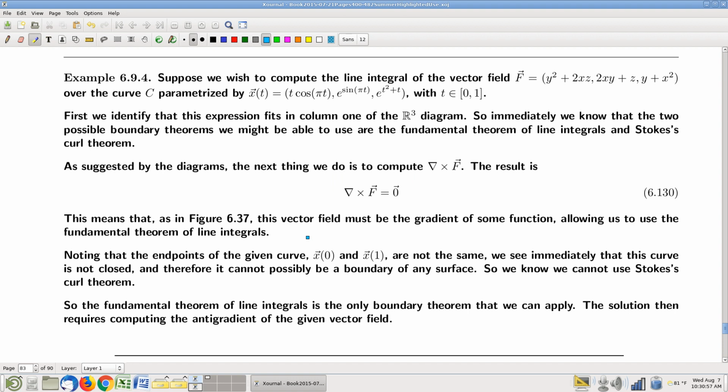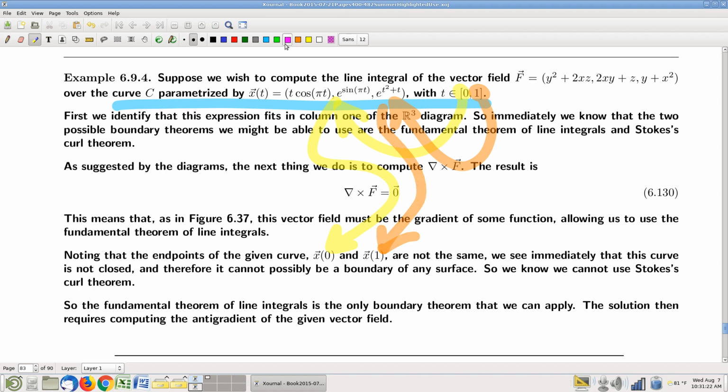What about the curve? Maybe the curve is a boundary of some surface. Well, you can plug in t equals 0 into there to get the starting point, x of 0. You can plug in t equals 1 to get the ending point, x of 1.